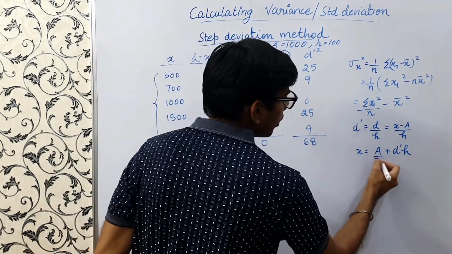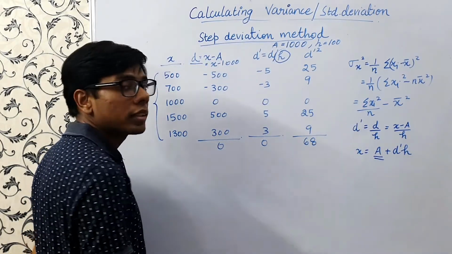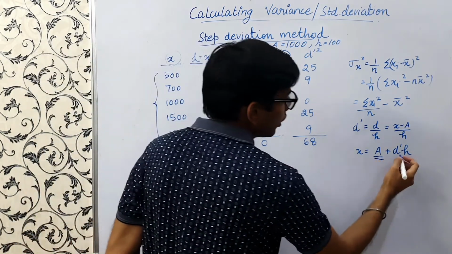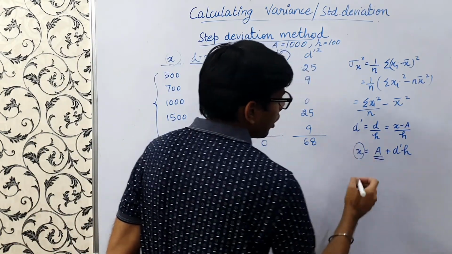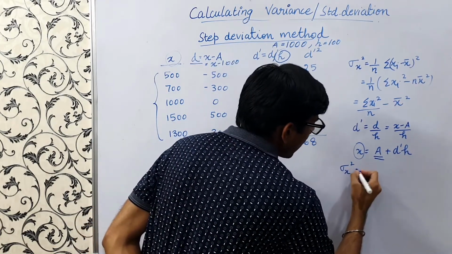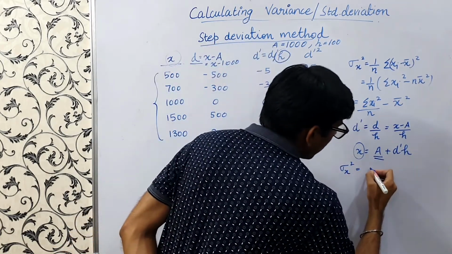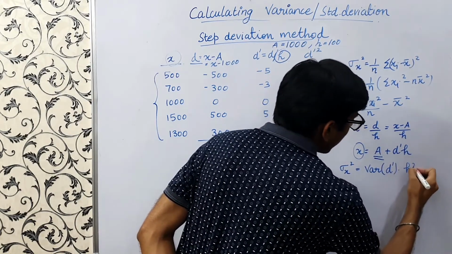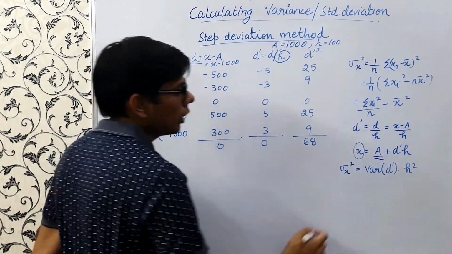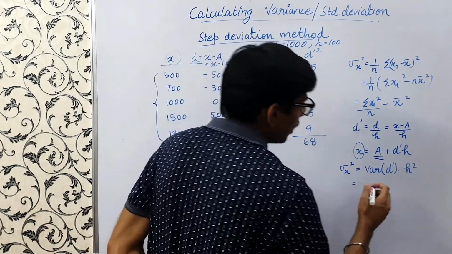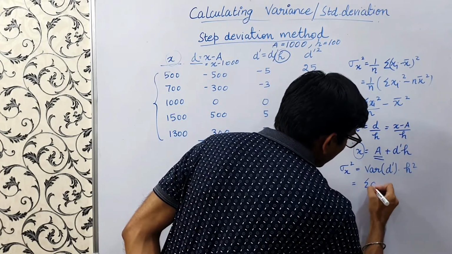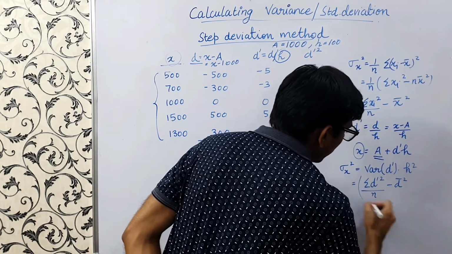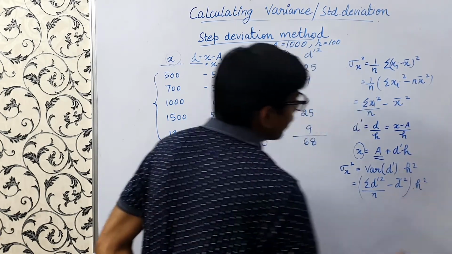So the constant doesn't play any effect in calculation of the variance. So it's only, we can write sigma x square would be nothing but variance of d dash into h square. This we have proved in our earlier video. So if we want to write the formula, this would be nothing but summation d dash square upon n minus d bar square into h square, right?